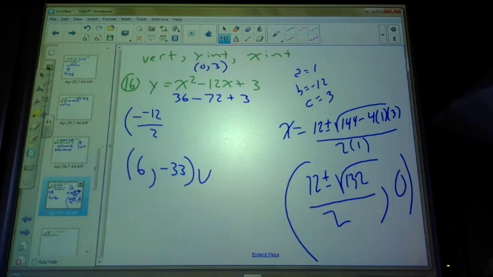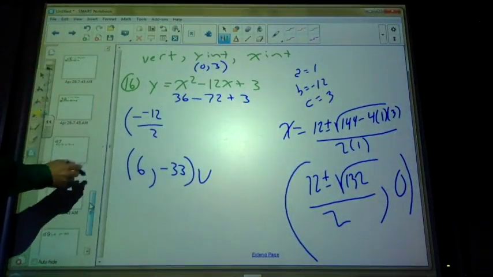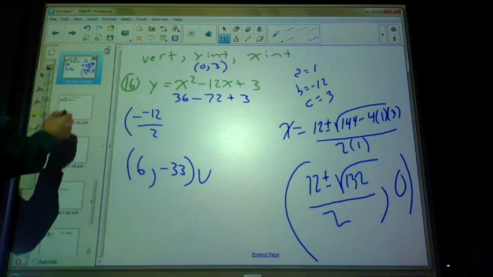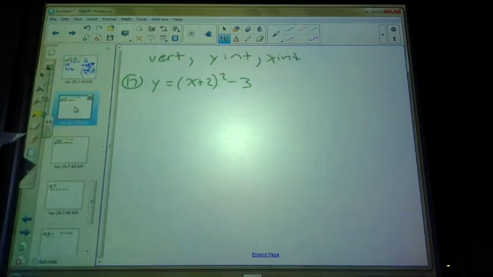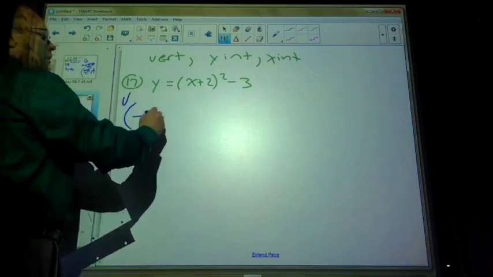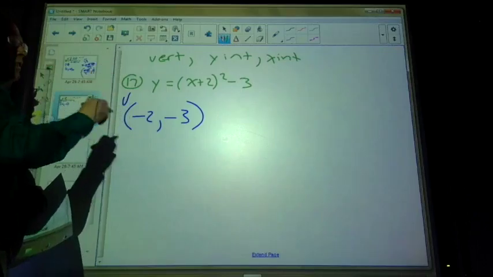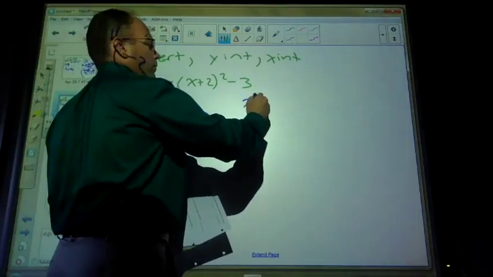Okay, almost done. You got a little time for me? Last time, almost done? 16. 17. Pretty easy. Here's our vertex. Our x-intercepts we don't know, so let's multiply it out.